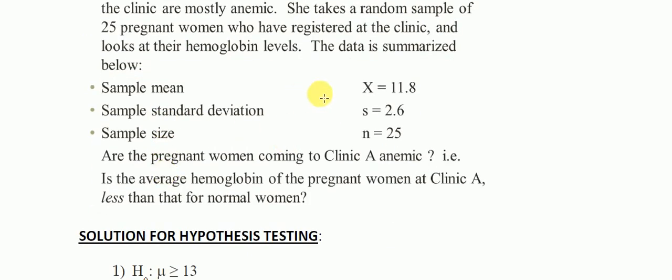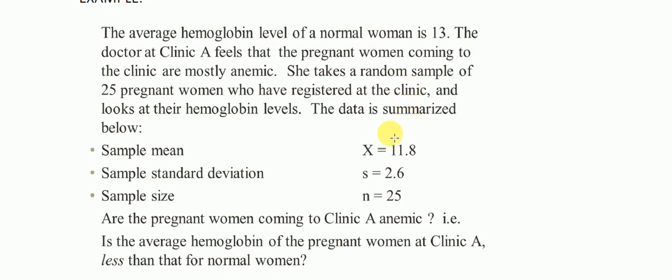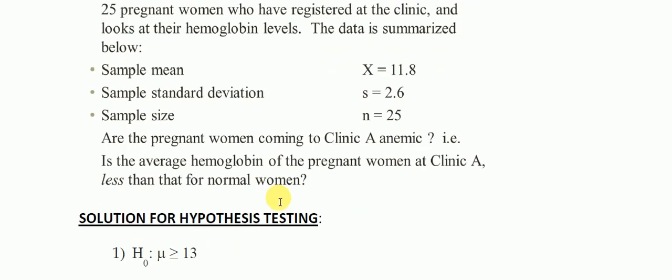Sample mean is x bar, and x bar is 11.8, given in the question. Sample standard deviation is s, and it's 2.6. Sample size is 25. Are the pregnant women coming to clinic A anemic? That is, is the average hemoglobin of the pregnant women at clinic A less than that for normal women? So this is the question.